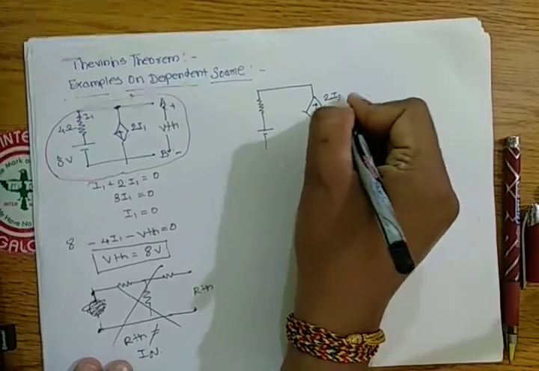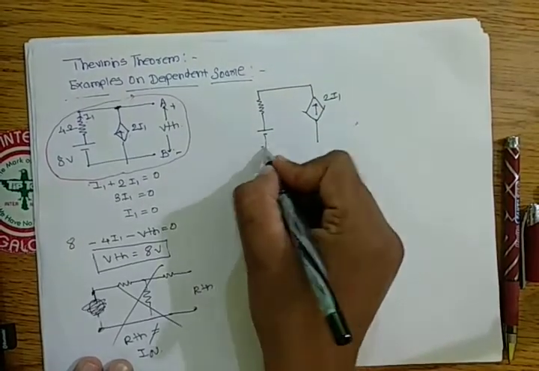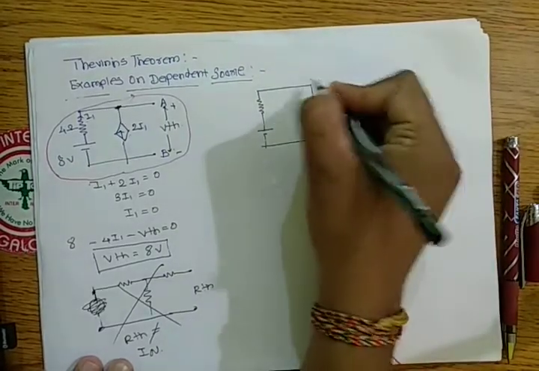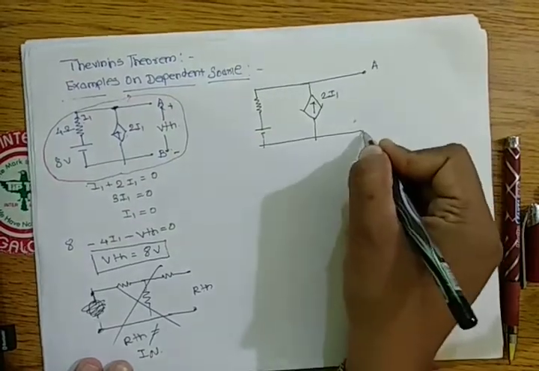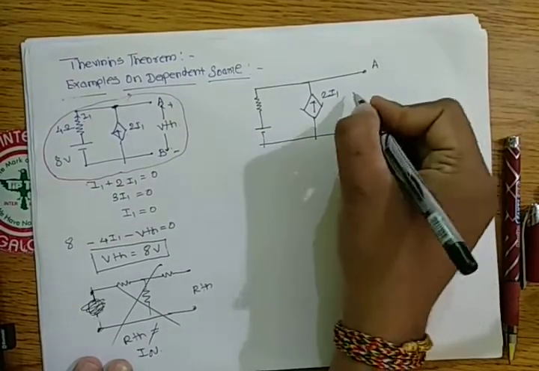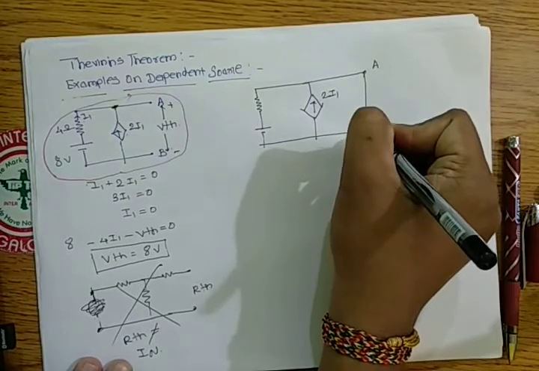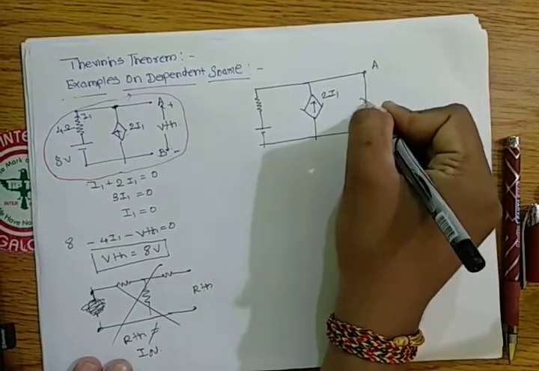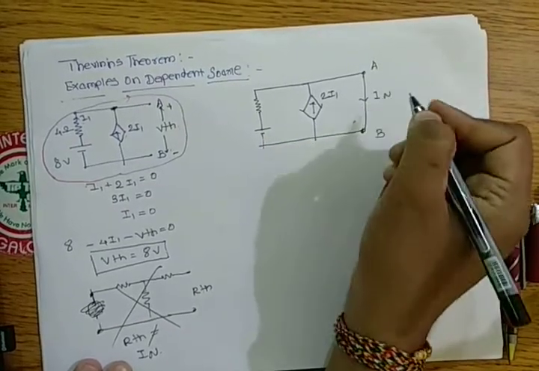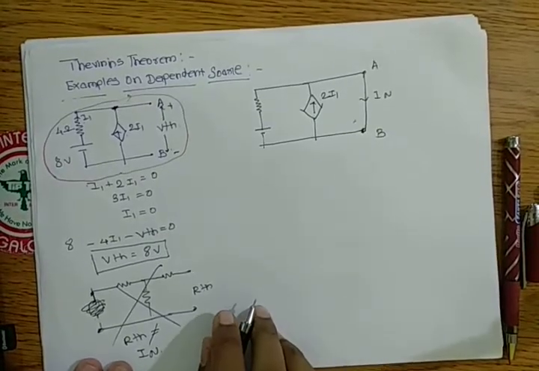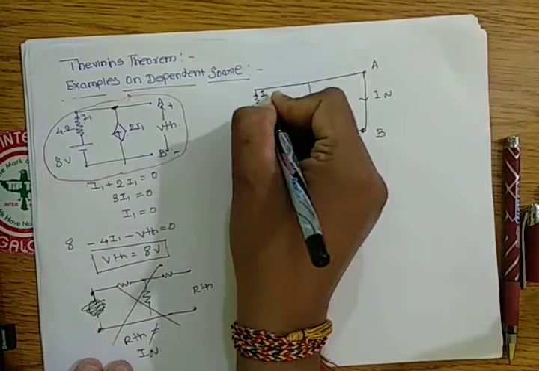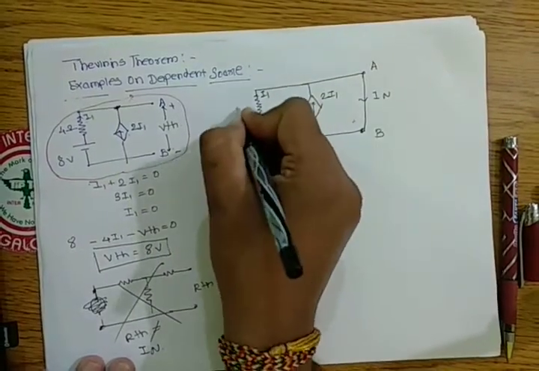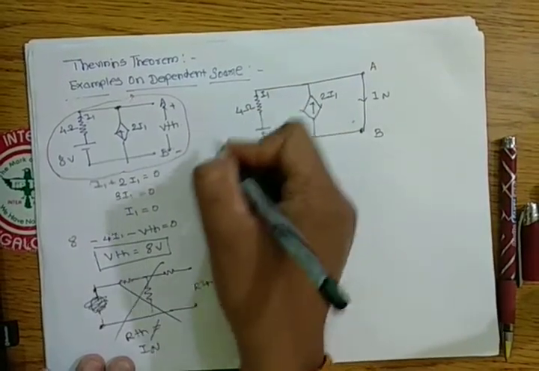This is 2I1. A, this is B, Norton current. Okay, and what you have to do is, this is I1, 4 ohm, 8 volt.